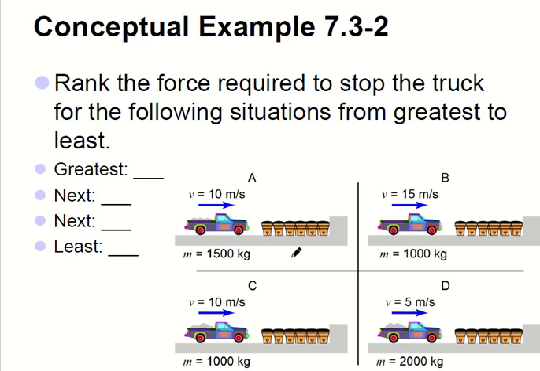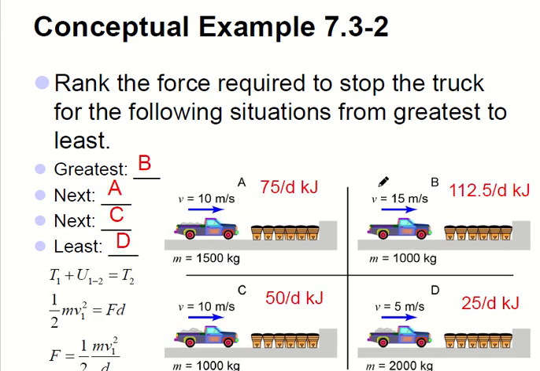So we have to rank the force required to stop the truck in 4 different situations, from greatest to least. Okay, so this time we need the force required to stop. So therefore we're going to start writing our work-energy balance equation, initial and then final, because our initial values are already given there for you. So we have to come up with the force. So therefore we're going to get the force out of it.